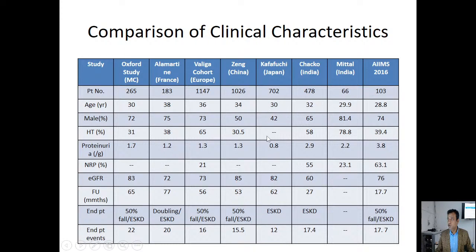The Japanese cohort, less proteinuria, well-preserved renal function, but still, in a follow-up of around 5 years, 12% developed end-stage kidney disease. The study, initially from CMC, had around 478 patients, significant proteinuria, much lower GFR at presentation, and again 17.4% end-stage kidney disease in only 27 months.